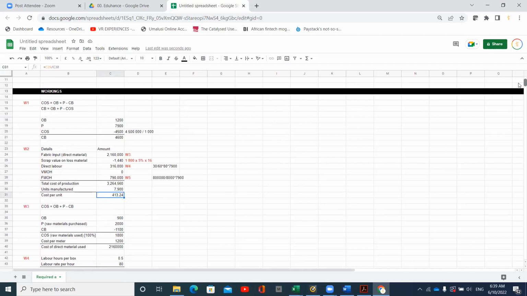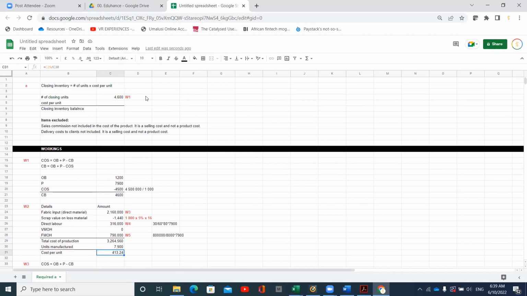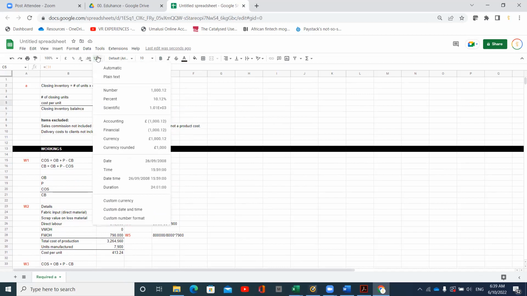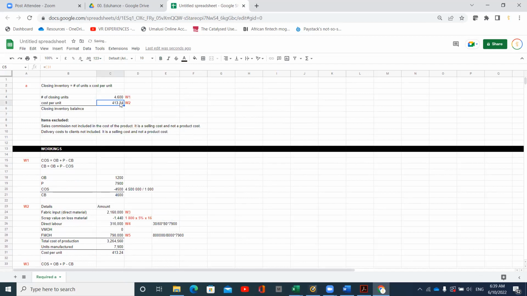So now we can go plug that in, working 2 equals 413.24. Okay, so we'll say 4,600 times 413.24, and that is the closing inventory balance. My answer may slightly differ to the solution.